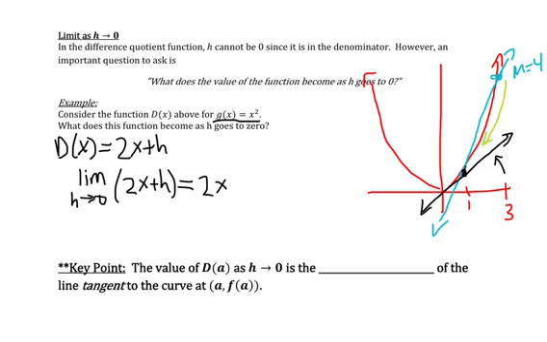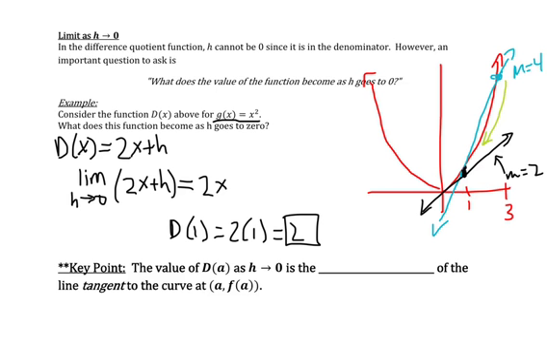Well, this black line I have right here, which is intersecting at an x value of 1, we would have d of 1 equals 2 times 1, which is 2. So the slope of this black line would be 2 if these points were very, very close right here. Okay? So that's the difference quotient when we take h going to 0.